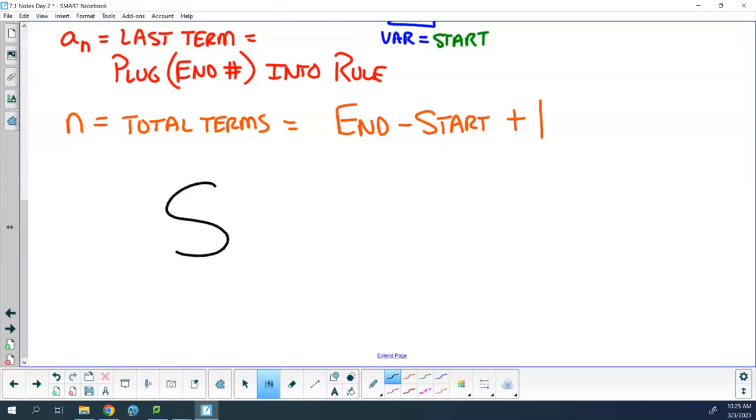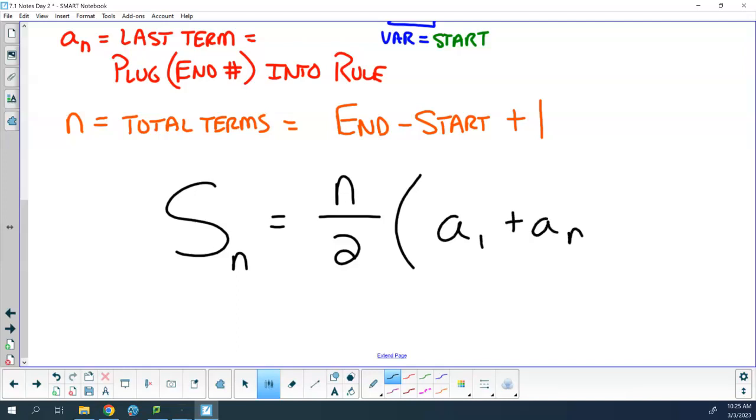So the sum is a big capital S, n is your total number of terms, so the sum is going to be n divided by 2 times the sum of the first term and the last term. That is the one formula for the sum of an arithmetic series. With me?